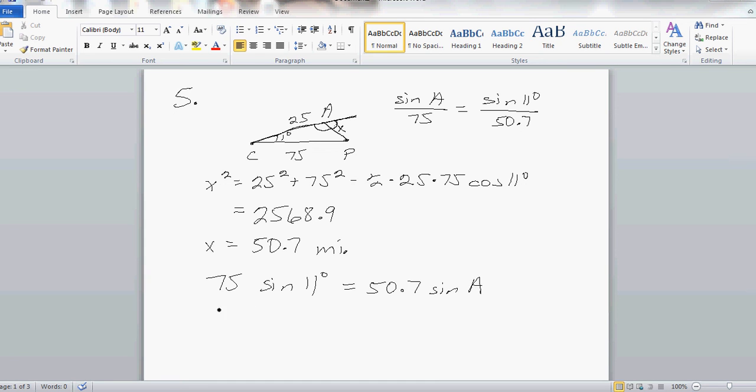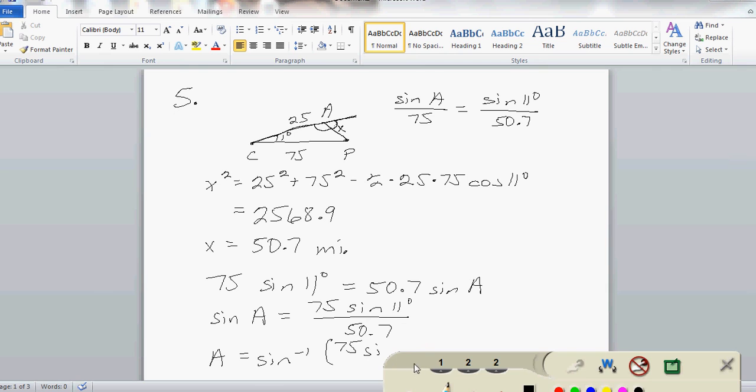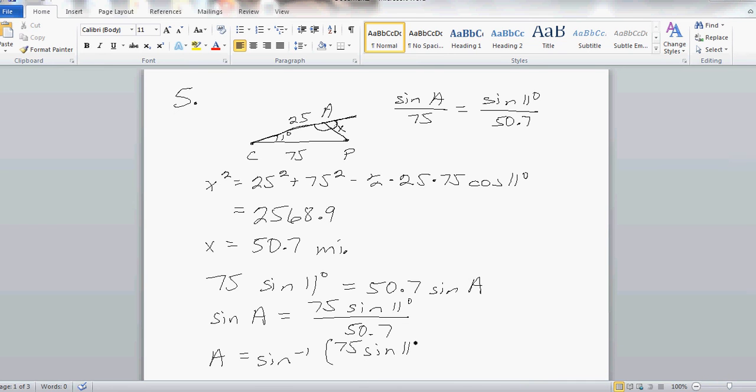Dividing both sides by 50.7, the sine of A becomes 75 sine of 11 degrees over 50.7, and finding A, all we have to do is take the arc sine of that, and this is a degree, so we get to round to the nearest degree.